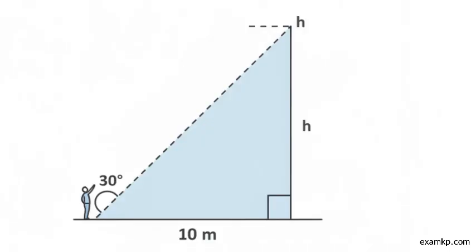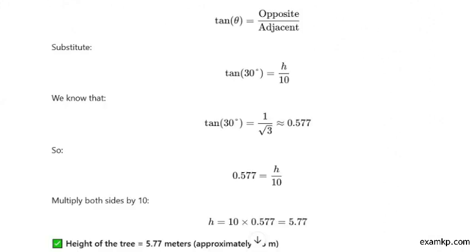Let's try a simple example. You're standing 10 meters away from a tree, and the angle of elevation to the top is 30 degrees. How tall is the tree? The height is opposite the angle, and the distance is adjacent. So we use tangent. Tan 30 degrees equals h over 10.